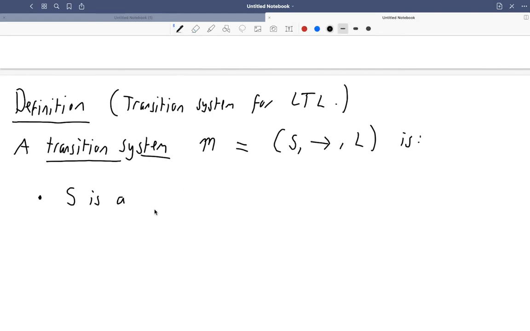Often in the real world, we're going to be modeling finite state systems, so it usually will be finite, but there's no need to put it in the mathematical definition. So S is, well, it's just a set. Mathematically, it's just a set, but we're going to call the elements of the set states. So the brackets means we're not giving additional information. S is just a set, but I'm just saying that states is what we call the things.